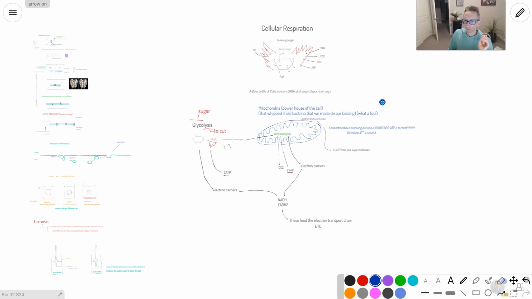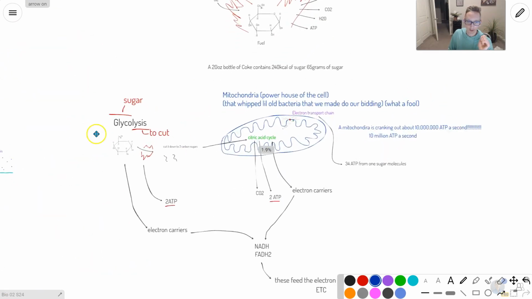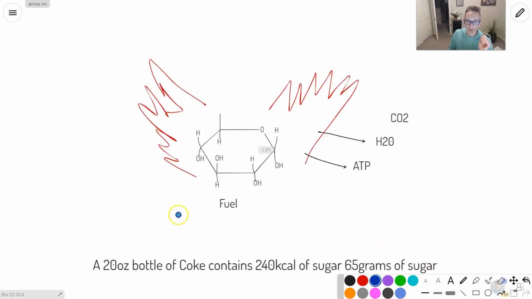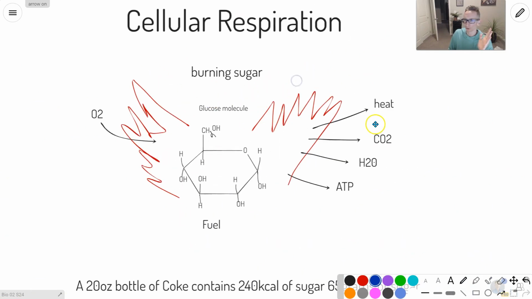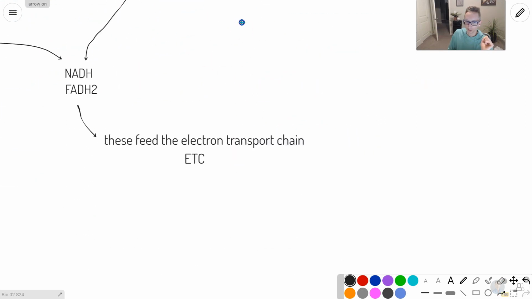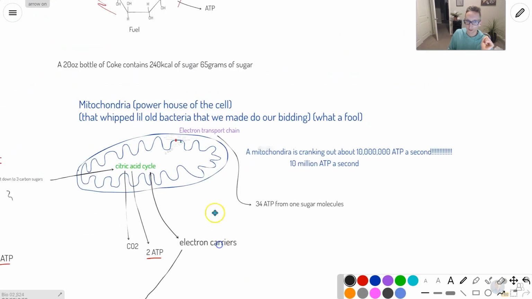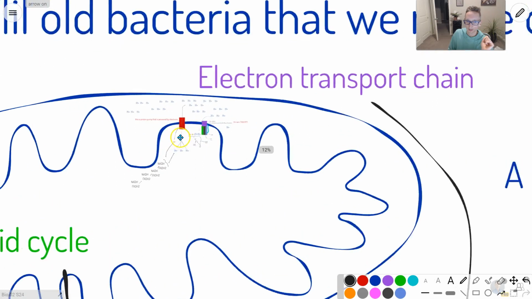Okay. Let's check everything out here. Let's go back up here. That's really all I expect. Okay, so we also lose some of this as heat, right? This is not a full-on perfect process, but we have our oxygen. This is called the terminal electron receptor in the electron transport chain. Because without it, you couldn't do this.